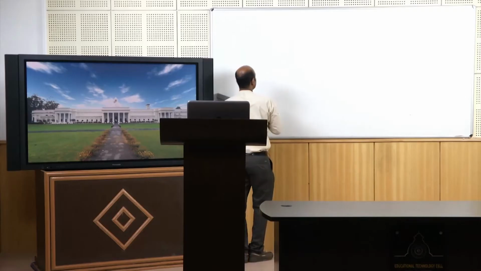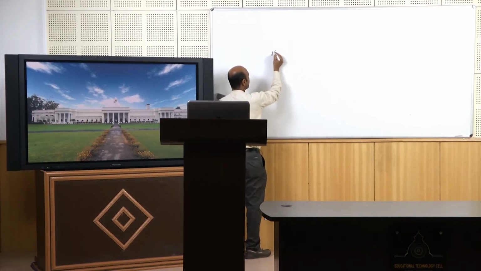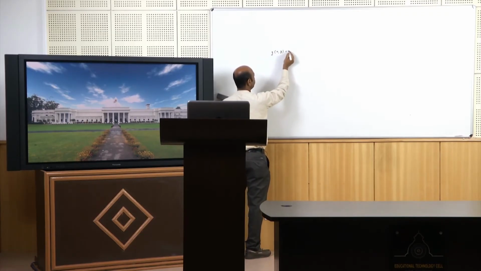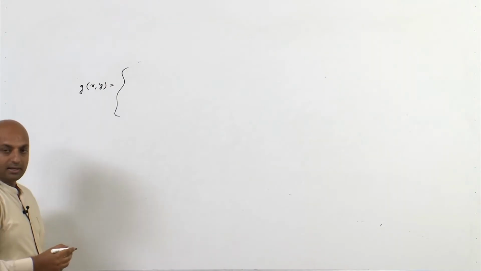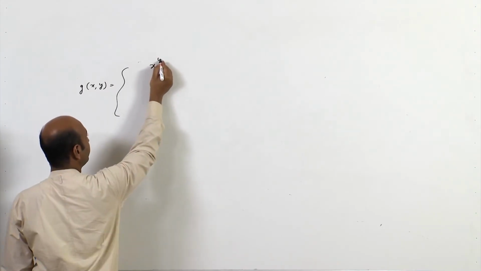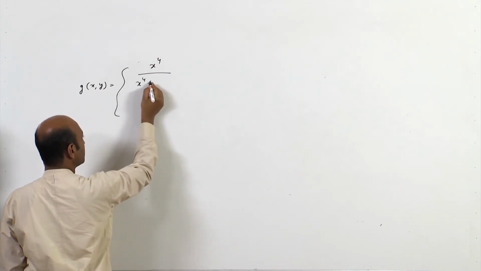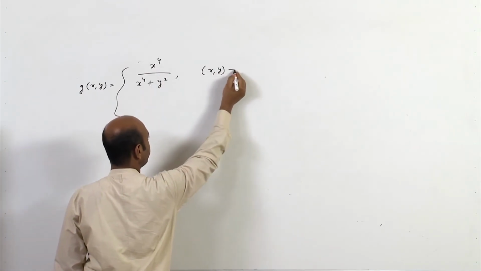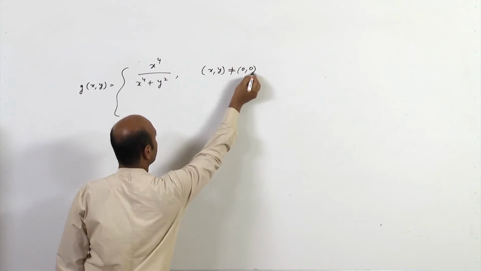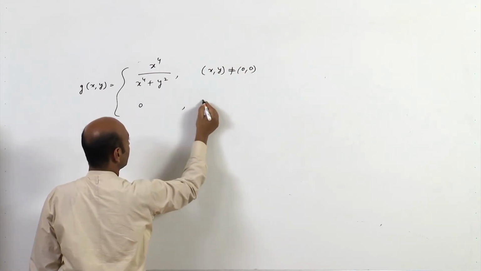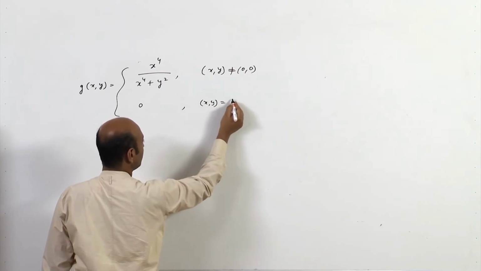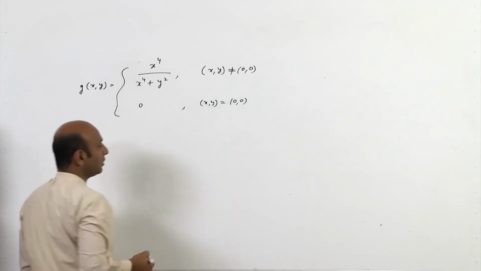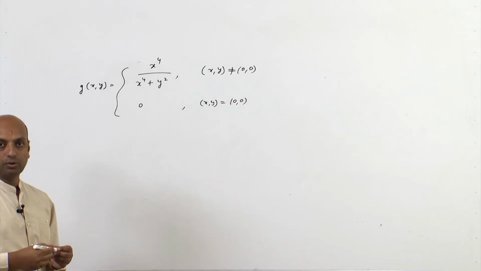Okay. Another example is, say, g(x,y) equals x raised to power 4 upon this quantity when (x,y) is not equal to (0,0), and it is 0 when (x,y) is equal to (0,0). That is, the value of the function at (0,0) is 0.